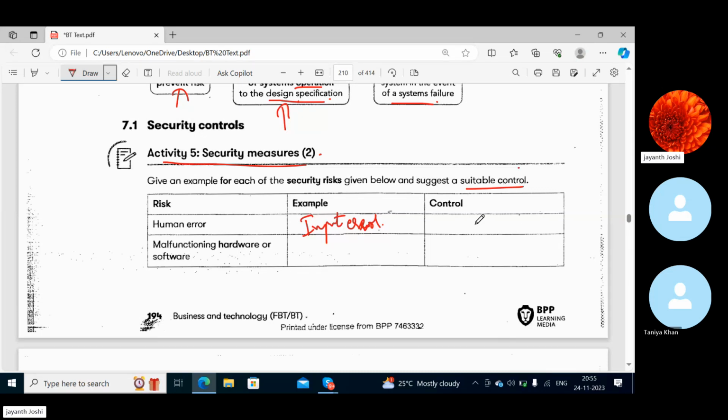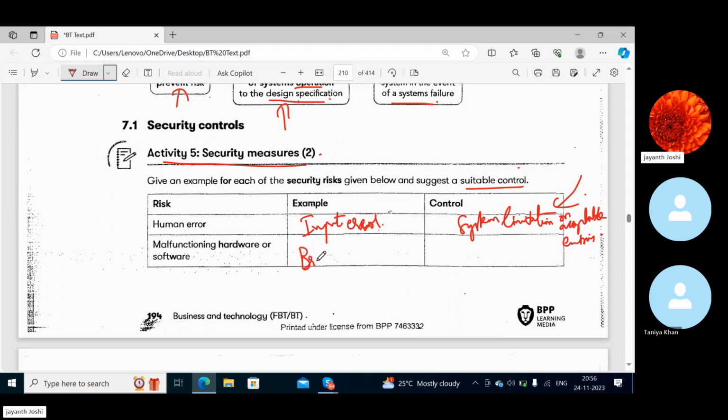And control is like system limitation on acceptable entries. So they can limit the system to acceptable entries only. Erroneous entries will not be taken into consideration. Malfunctioning hardware or software: that means only the wanted data will be taken, unwanted will be rejected.